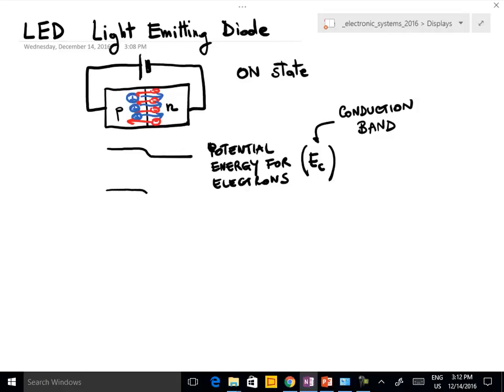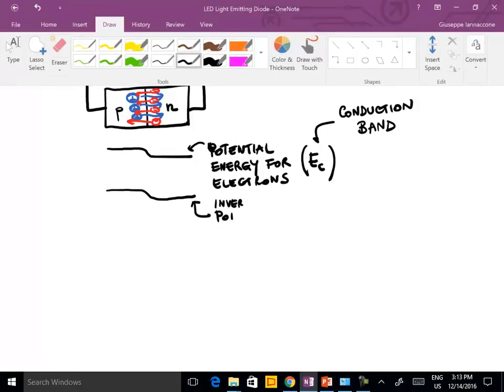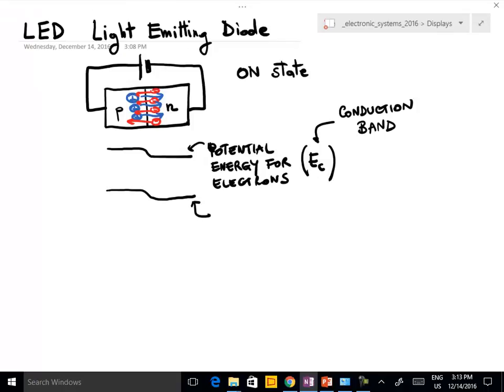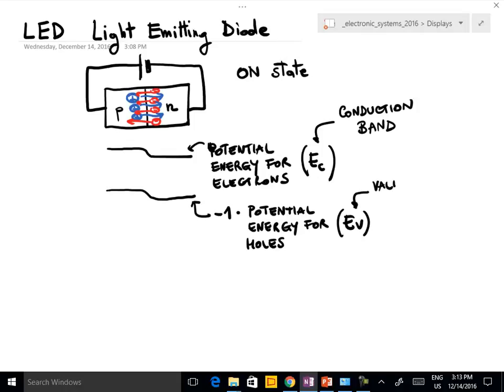And one also plots the opposite, so it is -1 times the potential energy for holes, which is called sometimes the valence band.